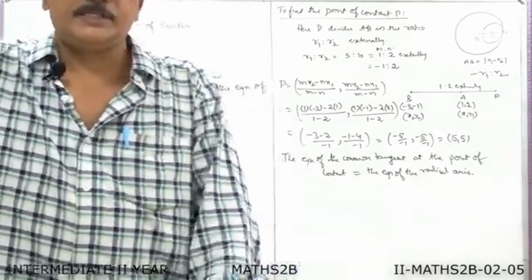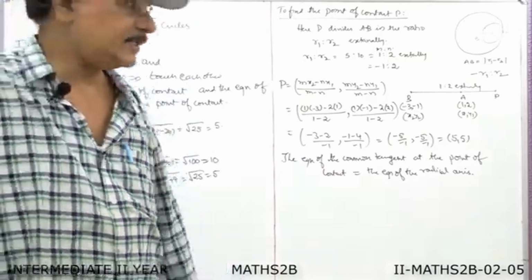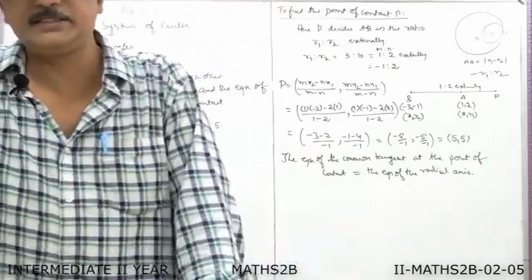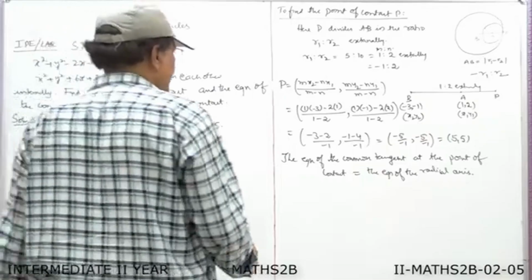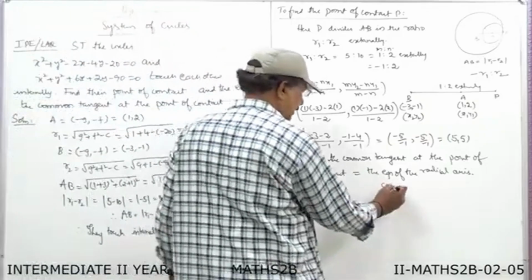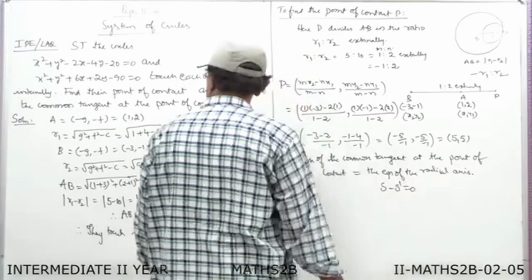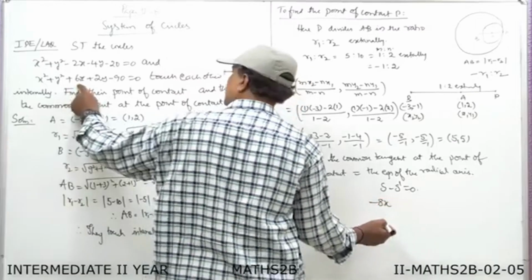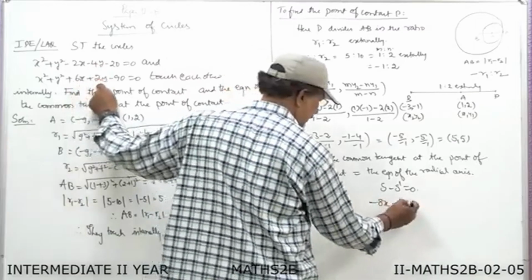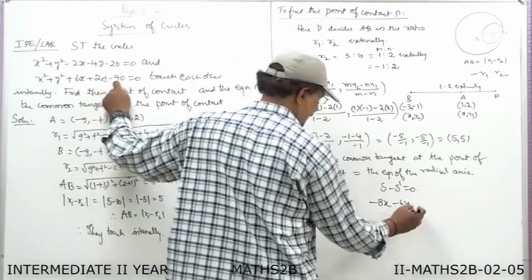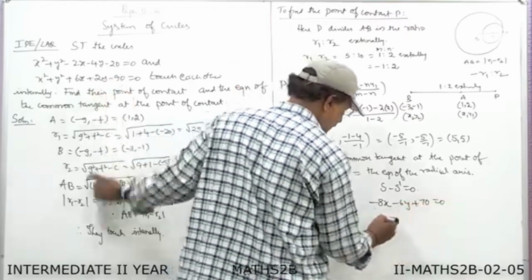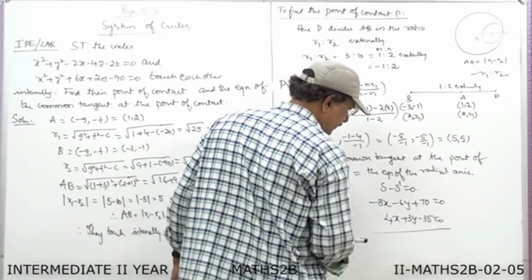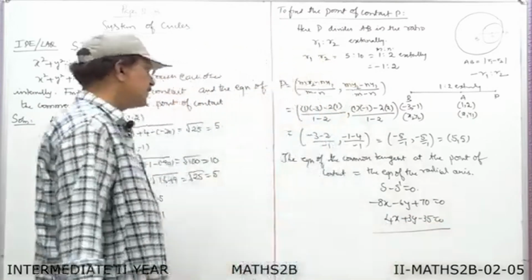One of those properties is when two circles touch each other, either internally or externally, then the common tangent at the point of contact is the radical axis. So, you apply the radical axis formula S minus S dash is equal to 0. Therefore, minus 2x minus 6x, minus 8x, minus 4y minus 2y, minus 6y, minus 20 plus 90, plus 70 equal to 0. Simplify it. 4x plus 3y minus 35 equal to 0 is the equation of the common tangent.